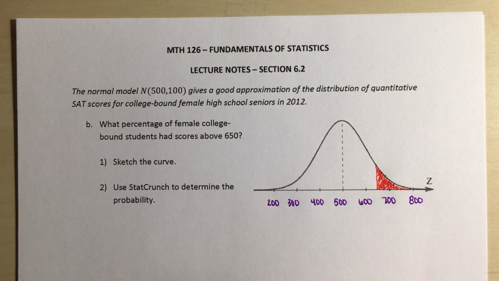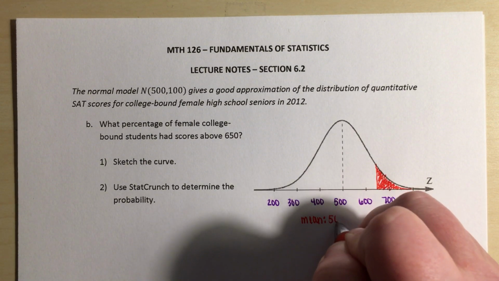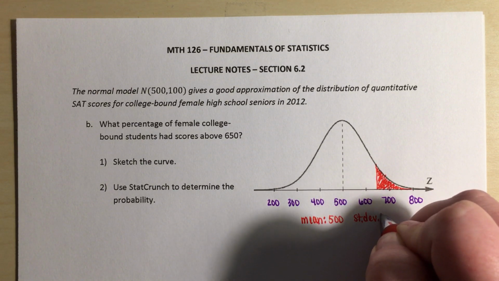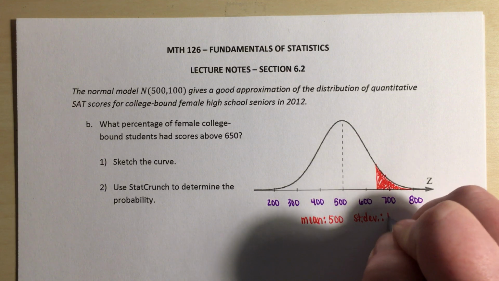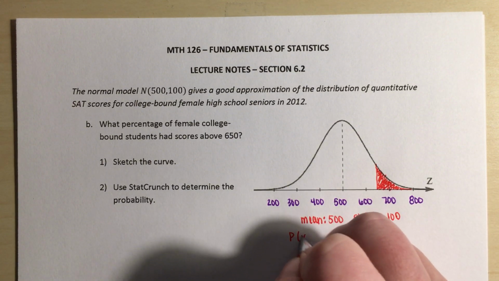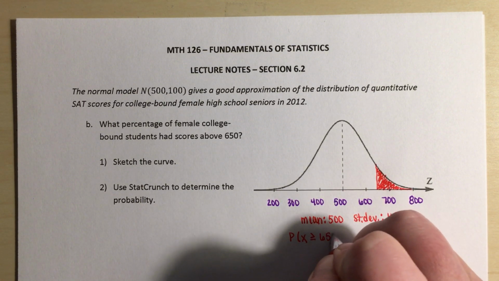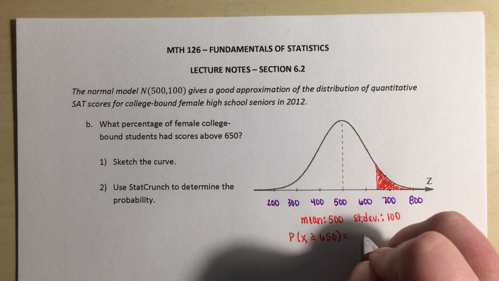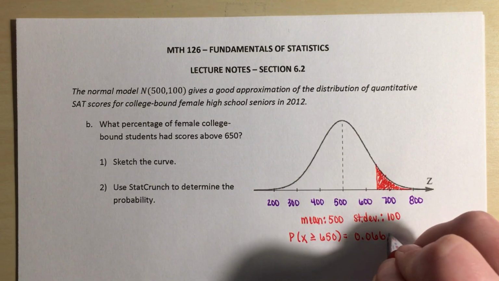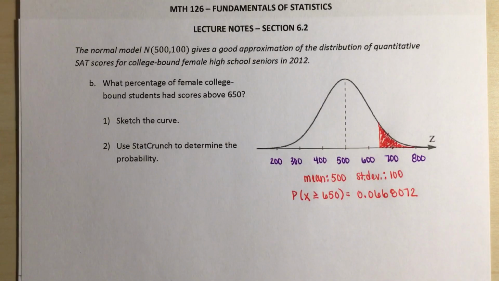Again, we're going to enter our values. Our mean is 500. Our standard deviation is 100. We're looking for the probability that X is greater than or equal to 650. We get 0.066072 after we select compute in StatCrunch.